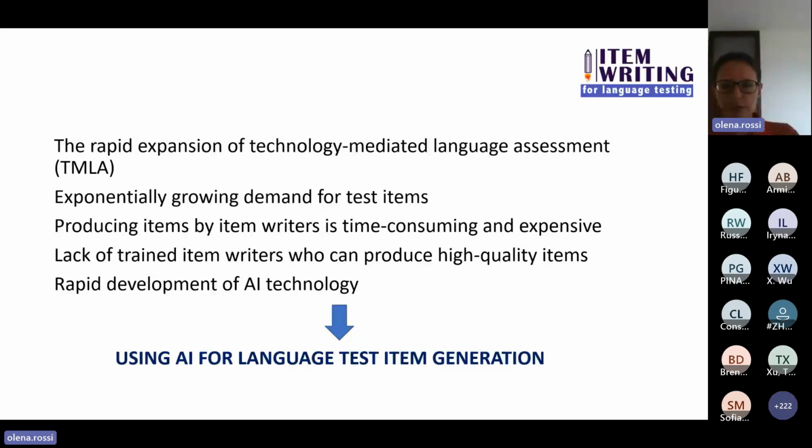Moreover, good item writers are few and far between. At the same time, we are now witnessing rapid advancements in AI technology, including AI's incredible ability to generate human-like text. Naturally, this opportunity was not lost on the language testing community, and we are currently witnessing the rise in using AI for generating language test items.